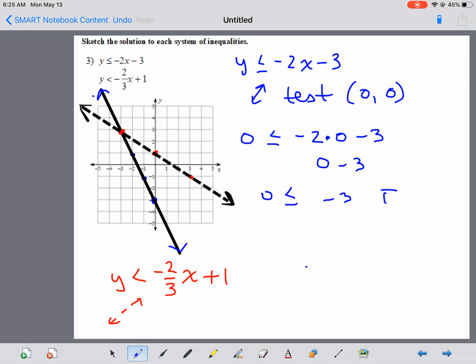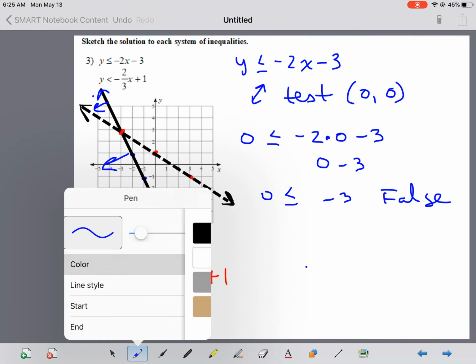Well, that is a false statement because 0 is bigger than negative 3. That means we shade on the side that 0, 0 is not on. So in that case, we would shade on the left side of that first line. We drew the arrows to help us remember that.